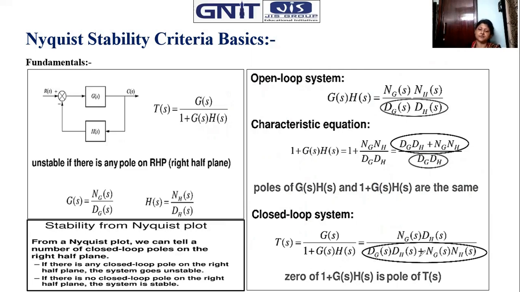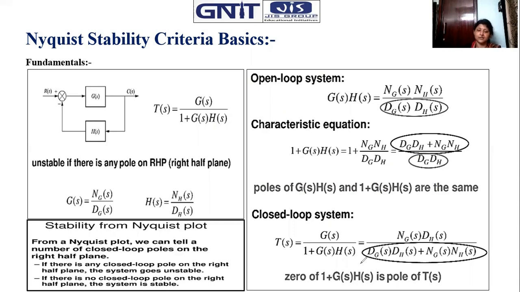Now what is happening? If you check 1 plus G(s)H(s), that is the denominator polynomial, right? Why? Because the total transfer function is G(s) divided by 1 plus G(s)H(s). So we take 1 plus G(s)H(s) as the denominator.